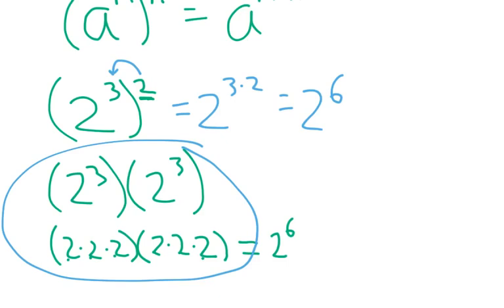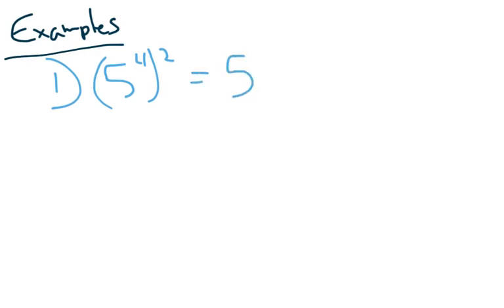So what I want to do is just walk through a few more examples with you so that way you can see how it works. So now let's say we had 5 to the 4th squared. So that's going to be 5 to the 4 times 2, which is equal to, oops, sorry, not 8, 5 to the 8. We box that and walk away.